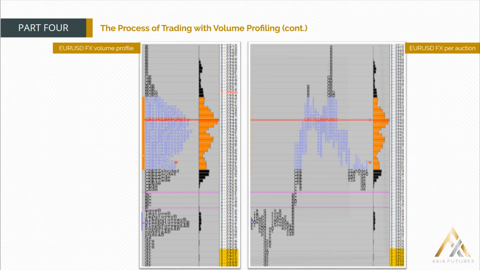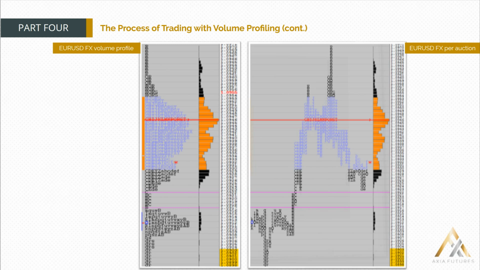Now that we've completed the 3 steps required when using volume profiling, we're going to finish off by showing you how you would now start to develop various trade strategies with the volume profile. So for example, in the 2 charts provided, both are Eurodollar FX charts. What you can see is a very simple volume profile.